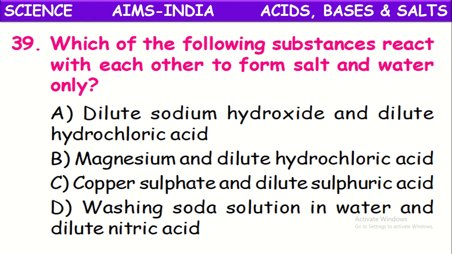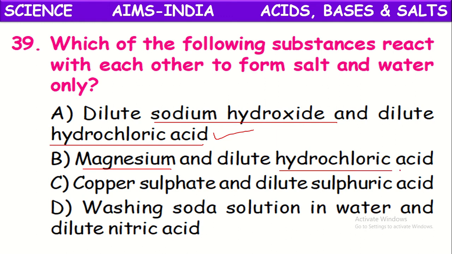Next, which of the following substances react with each other to form salt and water only? Which two will mix here? Dilute sodium hydroxide with dilute hydrochloric acid. Yes, sodium hydroxide on reaction with hydrochloric acid forms salt and water only. If you see magnesium and dilute hydrochloric acid, magnesium reacts with the hydrochloric acid to form magnesium chloride, but hydrogen gas will also be produced.